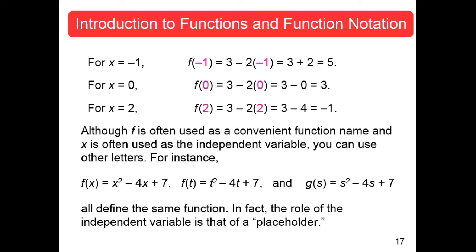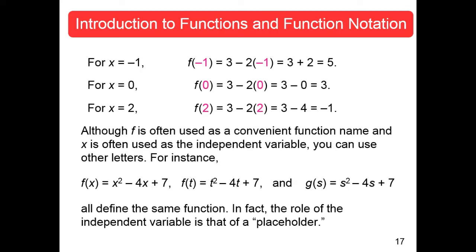Even though we call x your independent variable, which sounds pretty important, guess what else it is? It's a dummy variable. Okay? It really is standing for nothing. You could put anything in there in its place. You could put a stick man in there, okay? And alpha of stick man could be stick man squared minus 4 stick man plus 7. I mean, you could put anything you wanted in there.